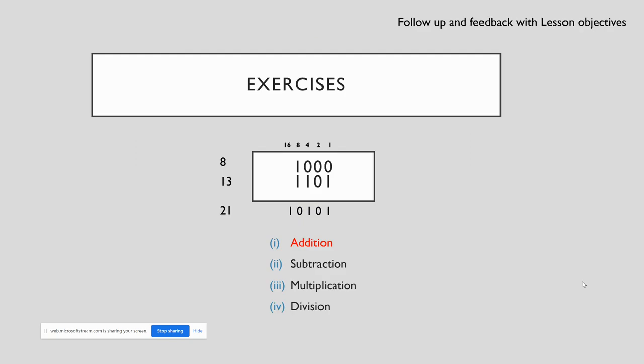If we look here, we put the numbers 1, 2, 4, 8, 16. If you watched my previous tutorials, you'll understand why we do that. And then we lay down the bits.